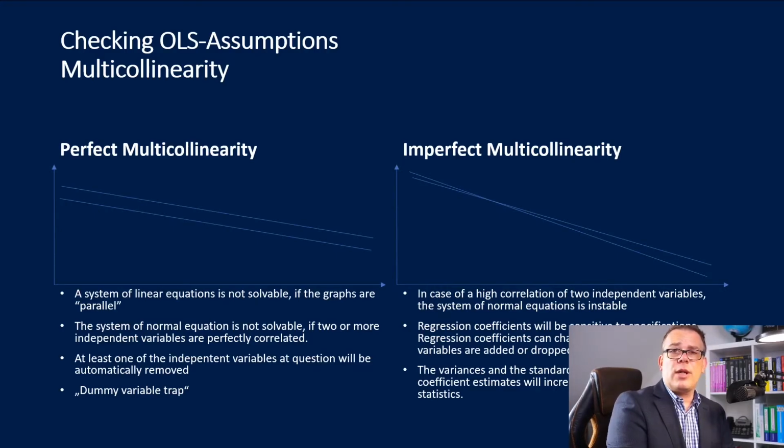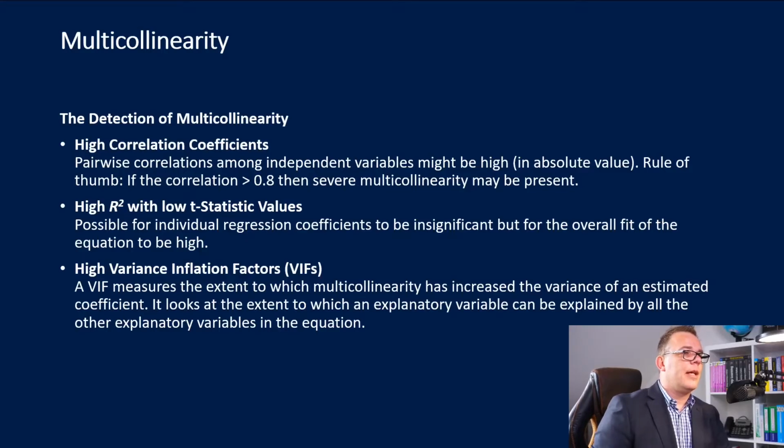Now, how can we recognize imperfect multicollinearity? There are 3 methods to do that. Of course, the second thing that we calculate in our descriptives is a correlation matrix or a correlation table. And high correlation coefficients, as a rule of thumb higher than 0.8, might indicate severe multicollinearity problems.